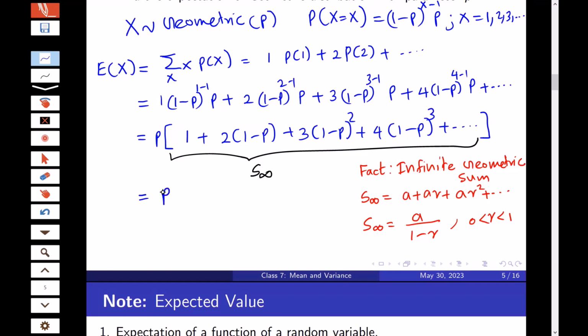So here I'm going to write S infinity, which is 1 plus 2 times (1 minus p), plus 3 times (1 minus p) squared, dot dot, all the way to infinity.